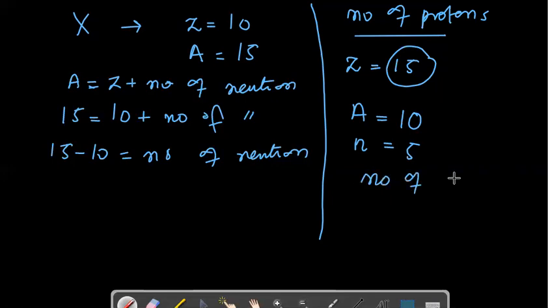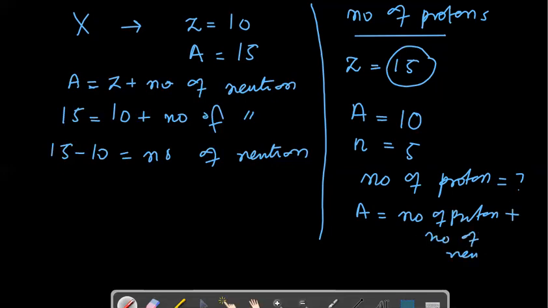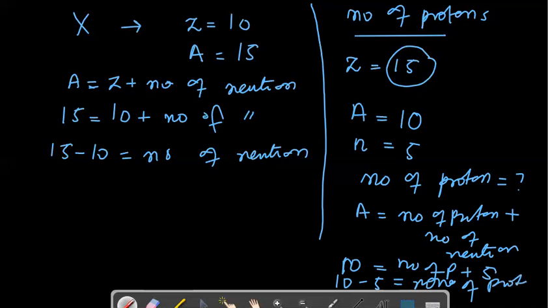You have to calculate the number of protons. You're simply going to use the formula we have discussed before. A is equal to number of protons plus number of neutrons. So A over here is 10, which is equal to number of protons plus 5. 10 minus 5 would be equal to the number of protons. So the given species would have 5 protons in the nucleus.